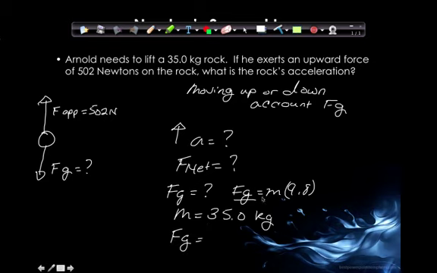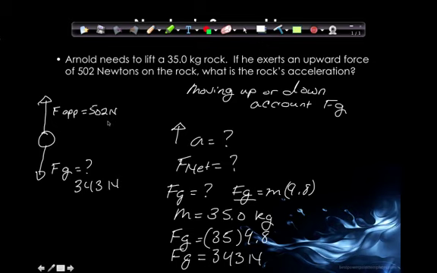F of G is equal to the mass, which is 35, times acceleration due to gravity, which is 9.8. So force due to gravity is 35 times 9.8, which is 343 newtons.